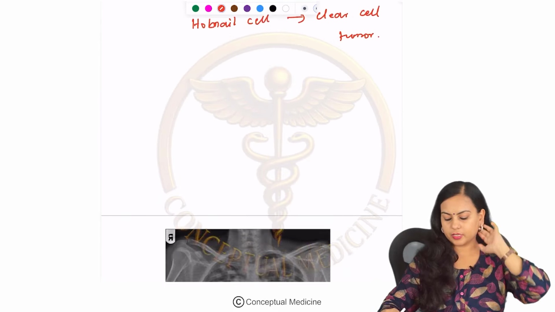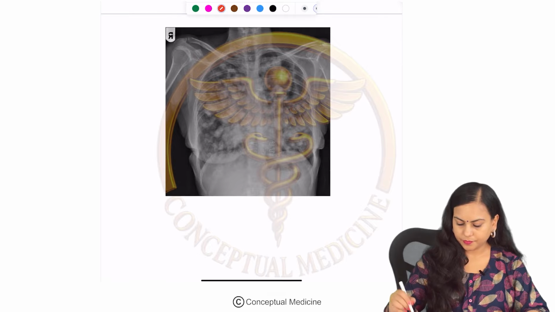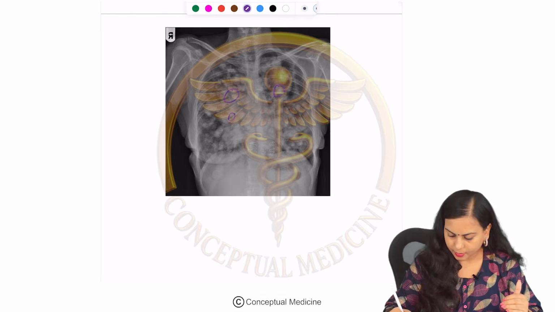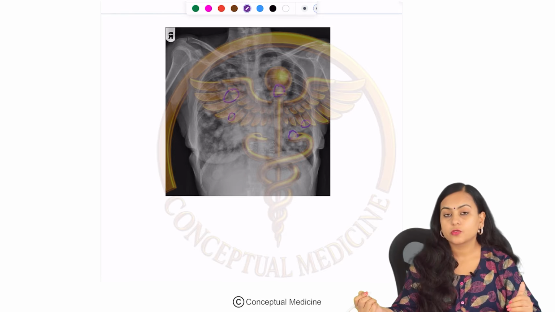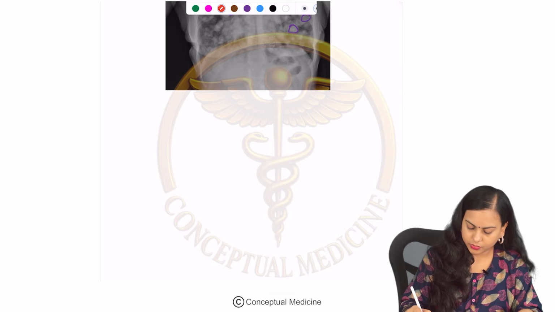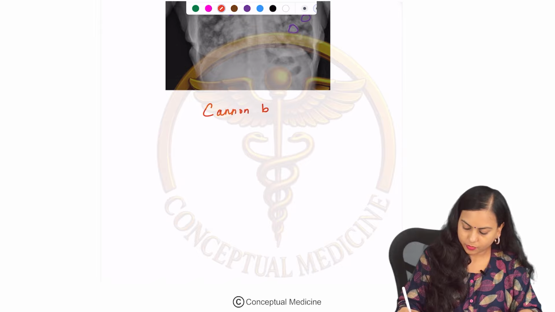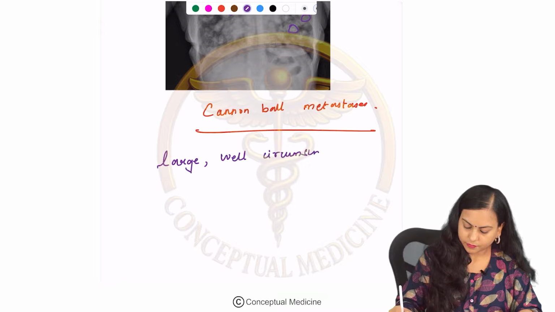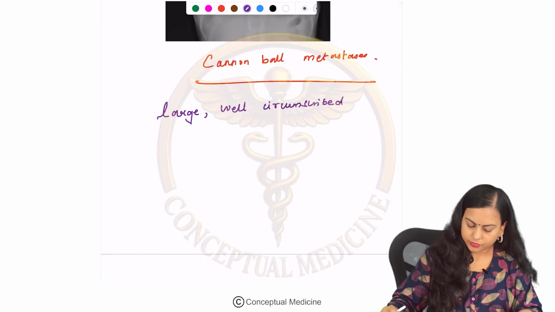Is that clear? Right. Now, see this picture where you are able to see numerous large, circumscribed white patch areas in the X-ray. So these are nothing but cannonball metastasis. These are large, well circumscribed lesions.